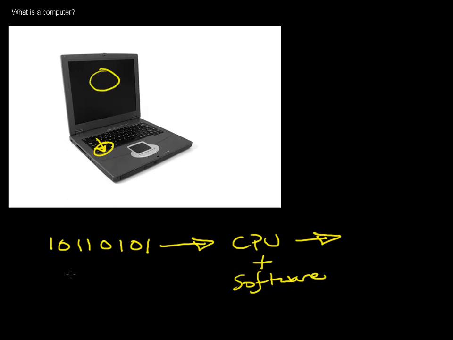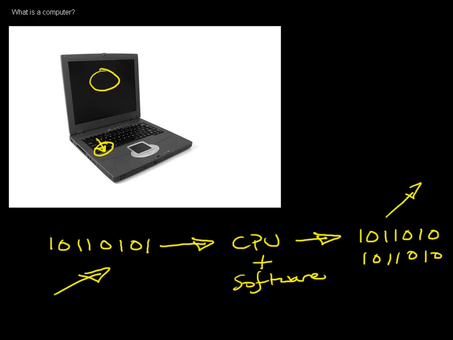So I press the key, that gives the electrical signal, which gives the binary for the CPU to be using in conjunction with the software. And then out of the computer to the output device, it will give another binary signal to the display, which would probably be far, far longer than for a key press, because sometimes the entire display will have to change. That binary signal will be sent to the display, and then our display will give its output.